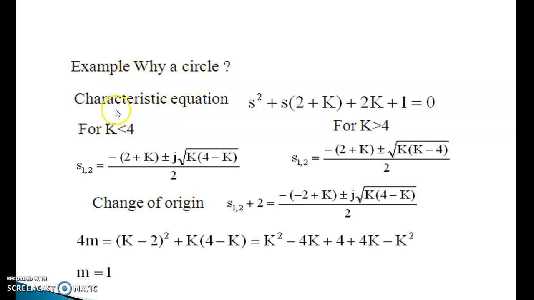Now consider a circle. The characteristic equation is s² + s(2 + k) + 2k + 1 = 0. For k less than 4, s1,2 = -(2 + k)/2 ± j√(k(4 - k))/2.